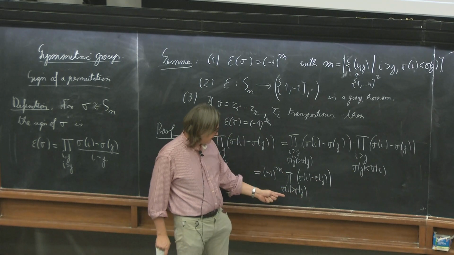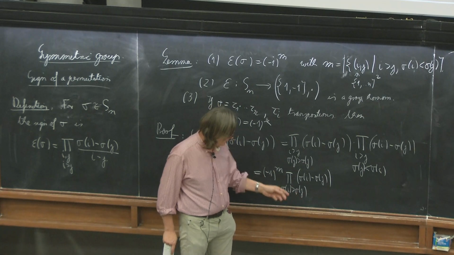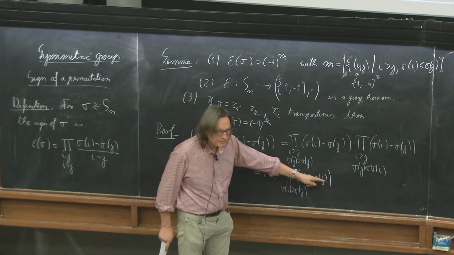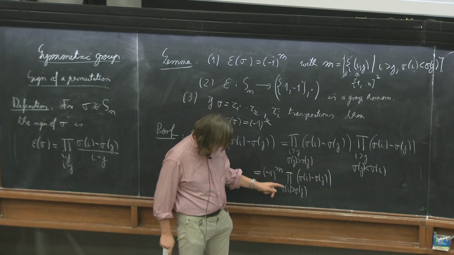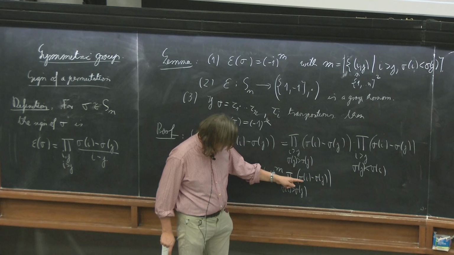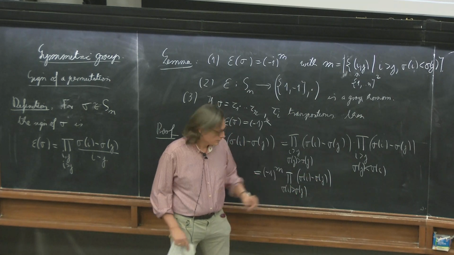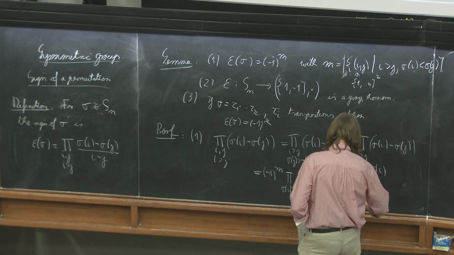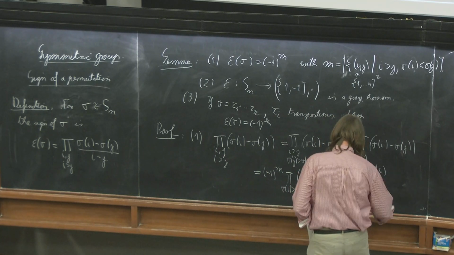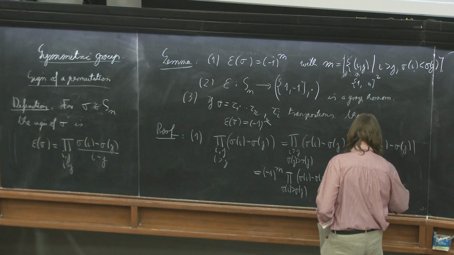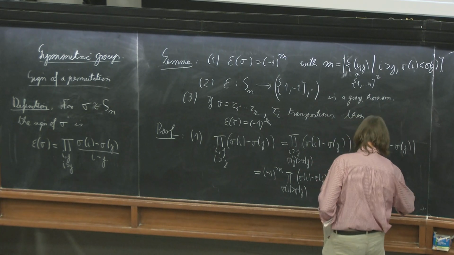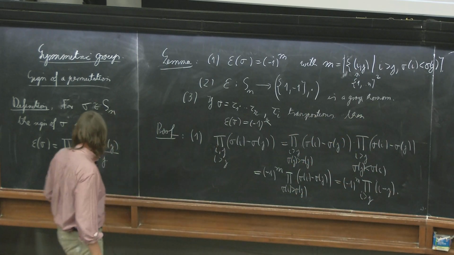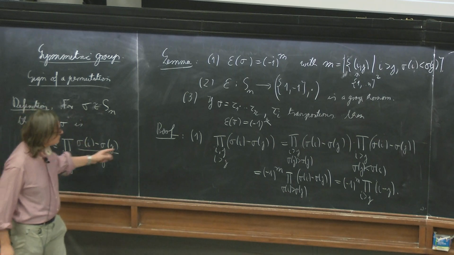Whether I call these things sigma of i or sigma of j, this is just the same as the sum over all ij such that i is bigger than j, of the product over all ij of i minus j. So this is just minus 1 to the m, product over all i bigger than j of i minus j. And so you see, if you take the quotient of these two, you get minus 1 to the m.